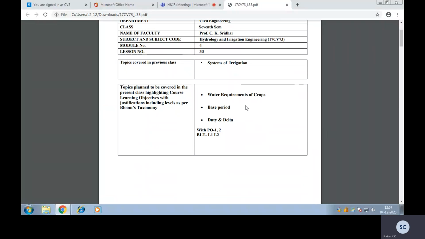Let us say that in a span of 6 months, for every one month we consider 10 centimeters of depth. Then 10 into 6 months, that means 60 centimeters is the total depth necessary to grow the crop. This 60 centimeters is considered the delta for that particular crop.